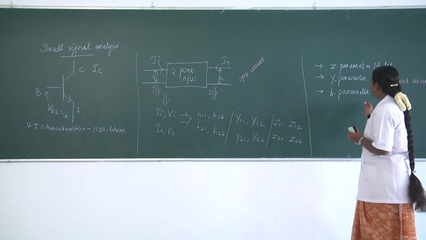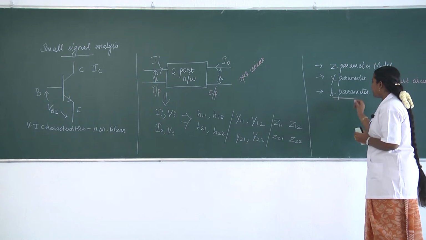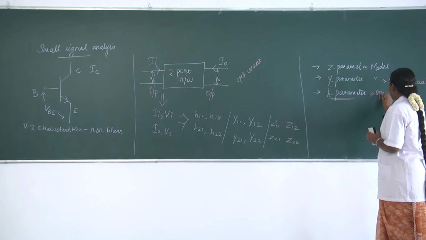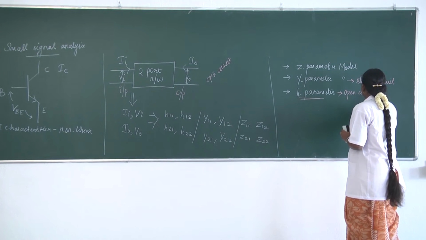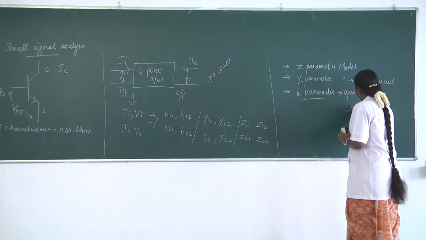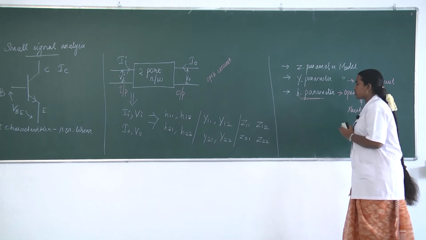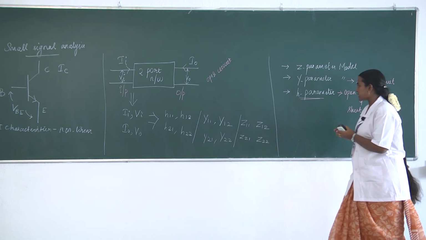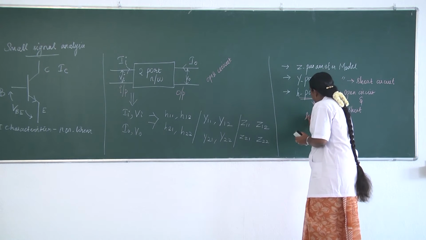Whereas if we are moving to the H parameter model, we will use both the open circuit as well as the short circuit model. Since this combines both Z and Y parameters, it is otherwise known as hybrid parameter.